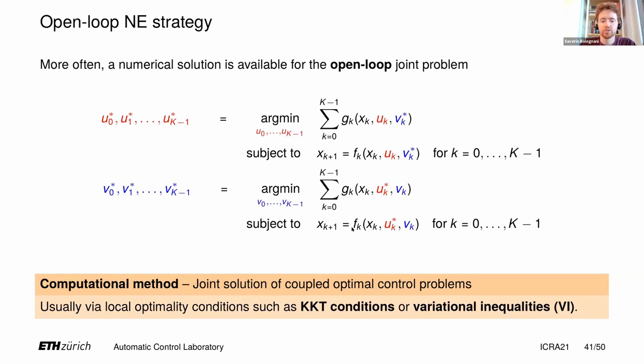But you can solve most of these problems. Usually, you enforce some local optimality condition. Most of these problems are not convex to begin with, so you can apply some local optimality condition in the form of variational inequalities, something like you find a U star and V star that, in the unconstrained case, zero some gradients at the point U star, V star.